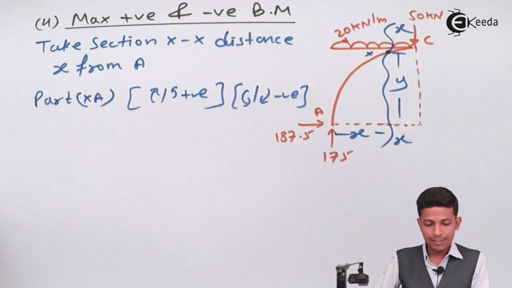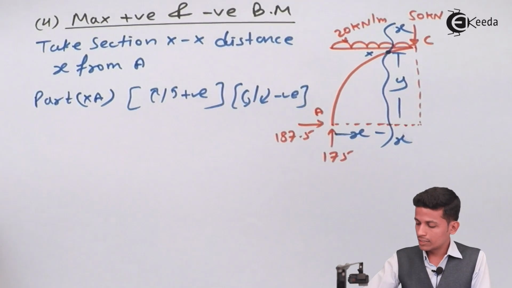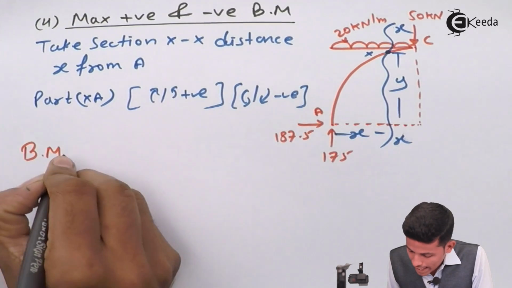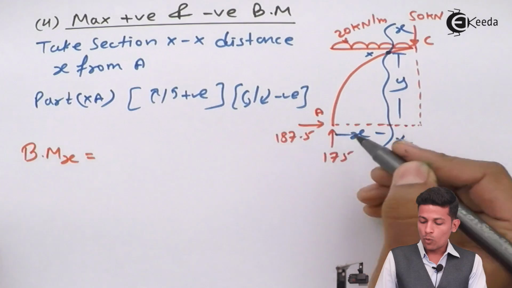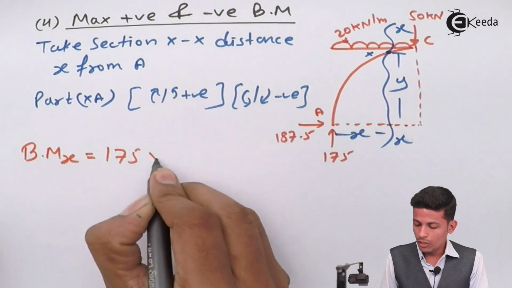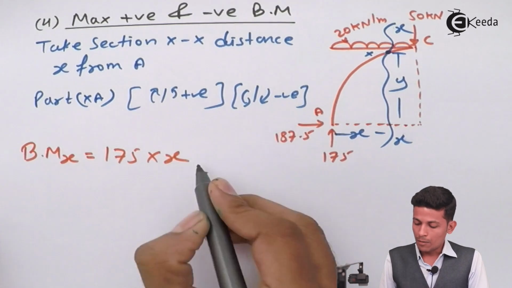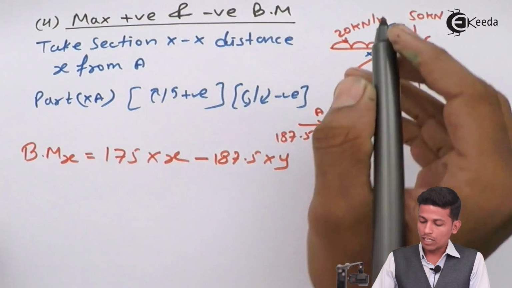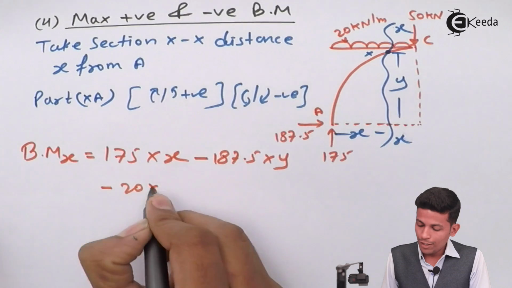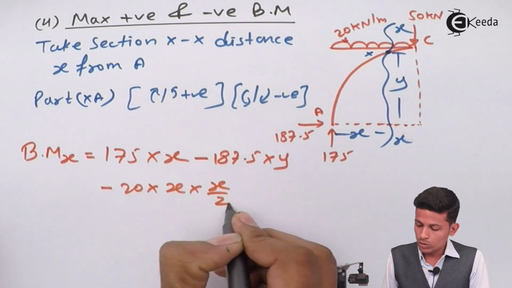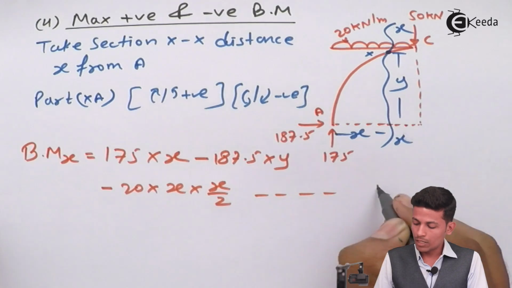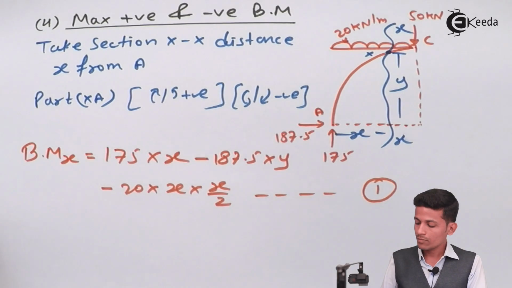Bending moment at X is equal to 175 into X, minus 187.5 into Y, then minus 20 into X by 2. This is nothing but the UDL part. This is equation number 1.